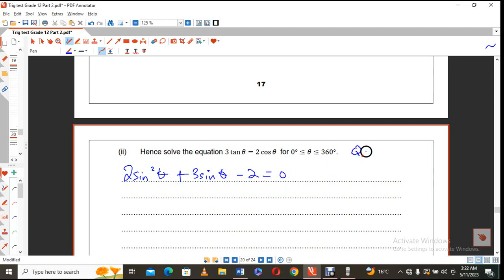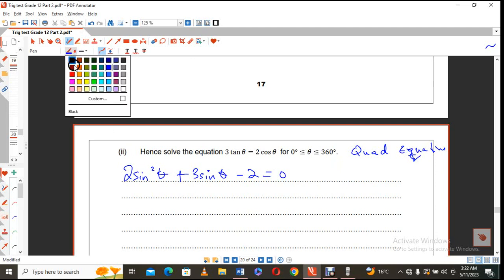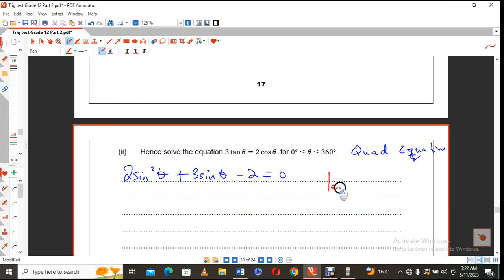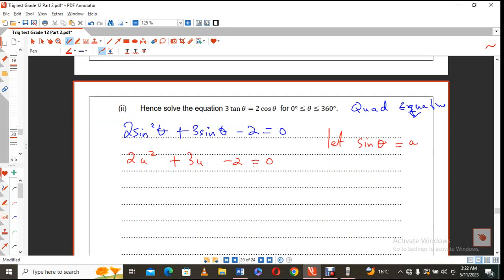This is a quadratic equation, all right? So you might not be able to see that this sine square theta, if it's in your way, you can say let sine theta be represented by u. That would be 2u squared plus 3u minus 2 equals to 0. This quadratic you can definitely solve.